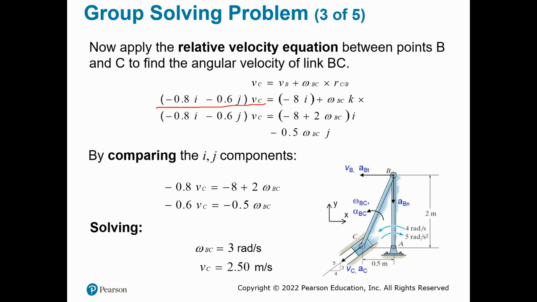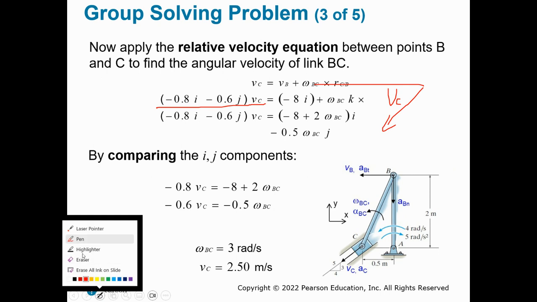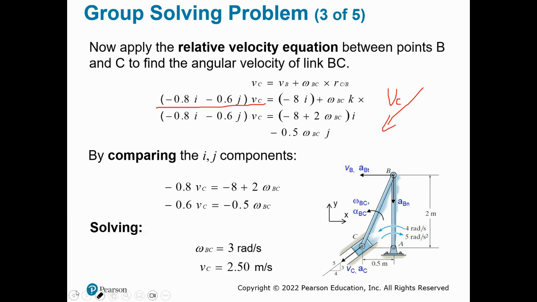v_C has its own magnitude, but we know that the angle right here follows this 3, 4, 5 triangle. So in other words, let's say v_C is like this, right? I don't know what the x and y, the i and j components are, but based on that 3, 4, 5 triangle, I know that the horizontal component of v_C is going to be the horizontal component of that triangle.